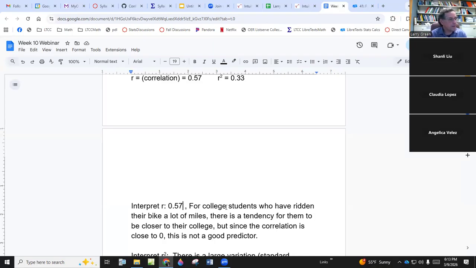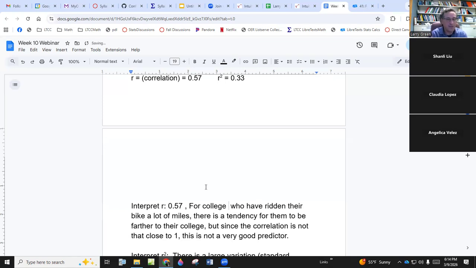So in this case, we can say the following. Okay, for college students who have ridden in college, I'm going to say people because I'm not a student. Just wanted to make sure we had enough points.